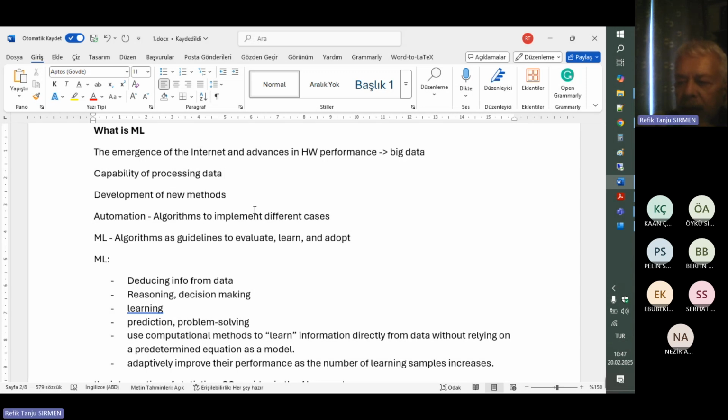So that fact also triggers other fields which are not directly related to technology, electronics or computers, such as people in legal business and legislation. They started thinking about ethical concerns about the ownership of intellectual work. Who is the owner of that work?